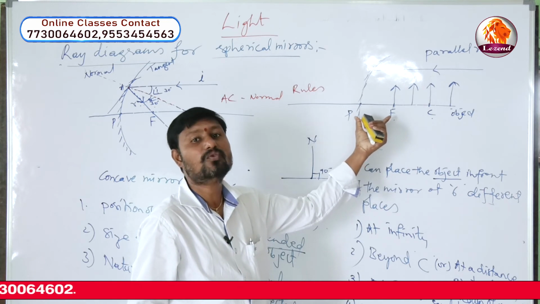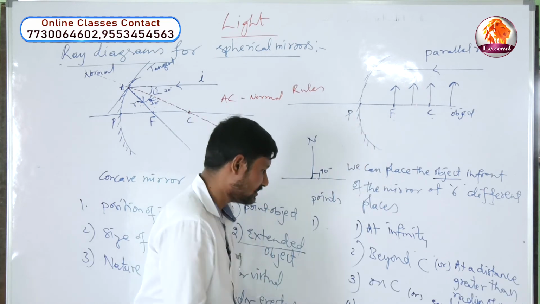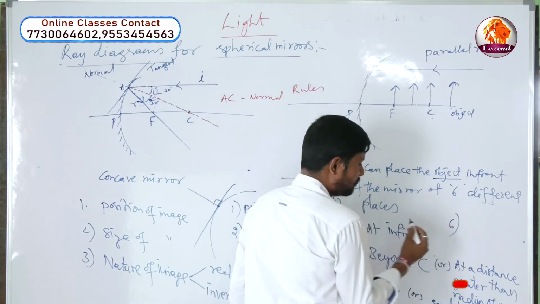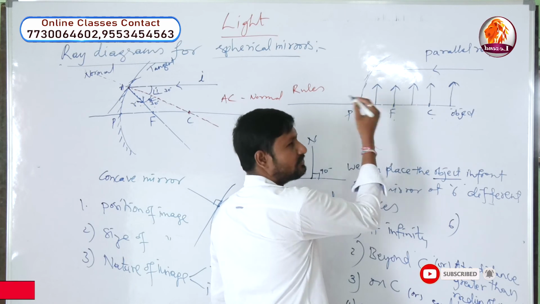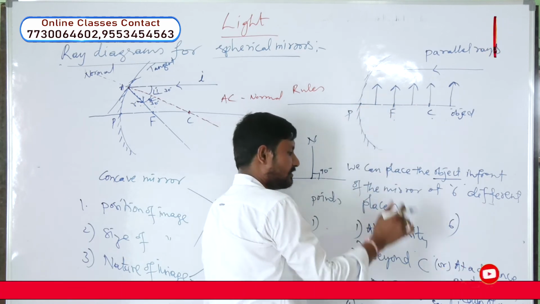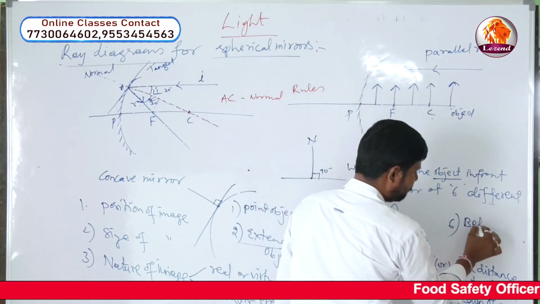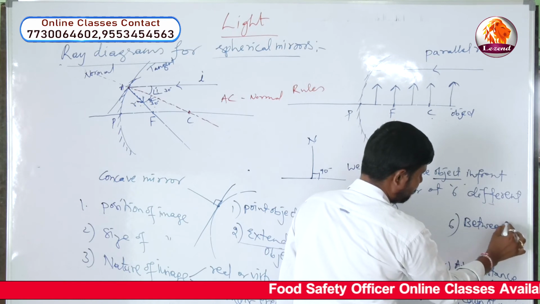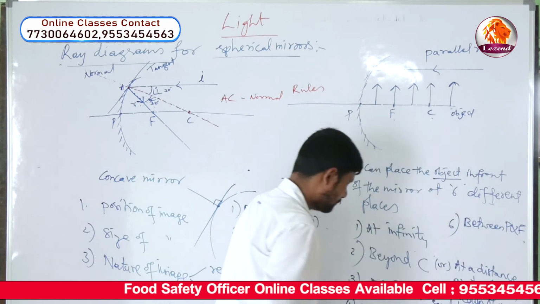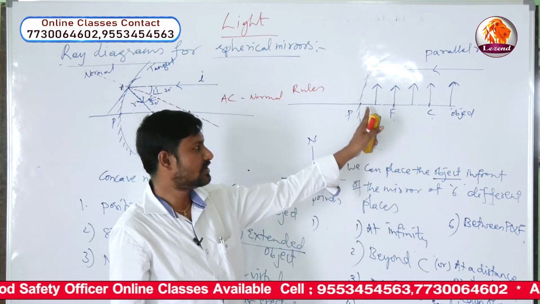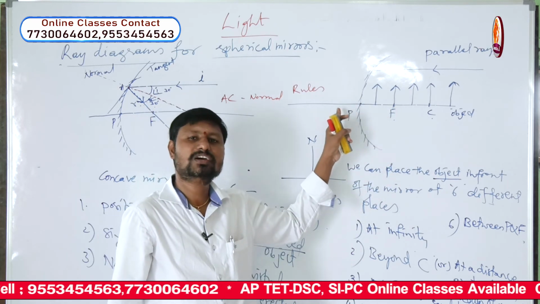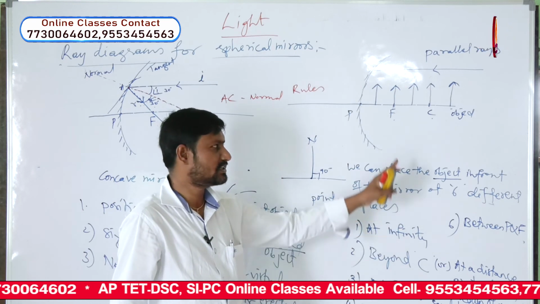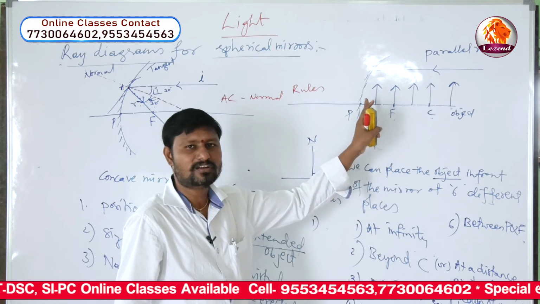The sixth and last position is the object placed anywhere between P and F. Between P and F means the object is placed at a distance less than its focal length.